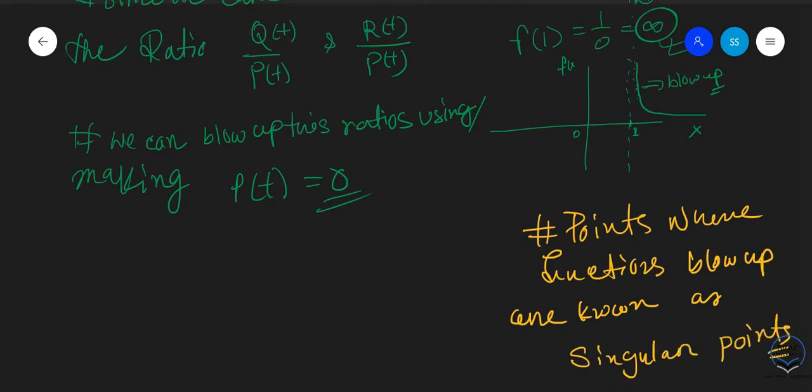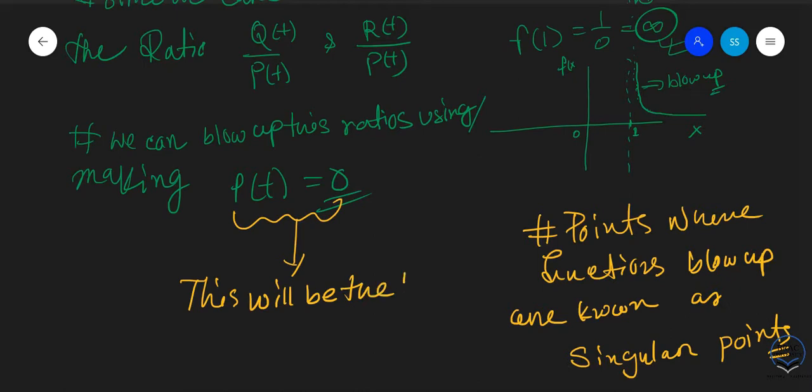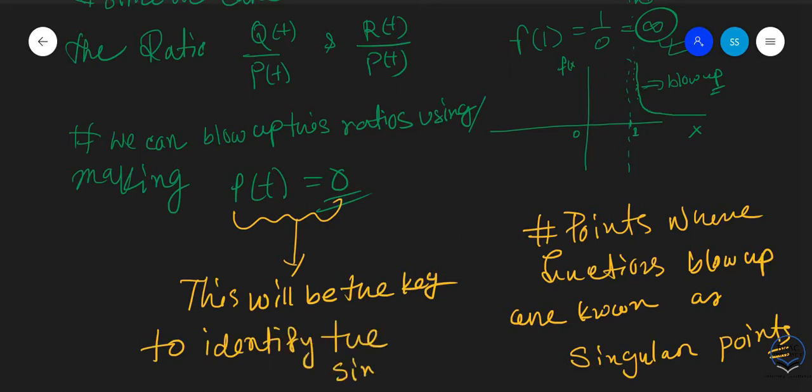Whenever this P of t is 0, that should indicate towards some singular points. And this condition, P of t is 0, will be the key to identify the singular points.